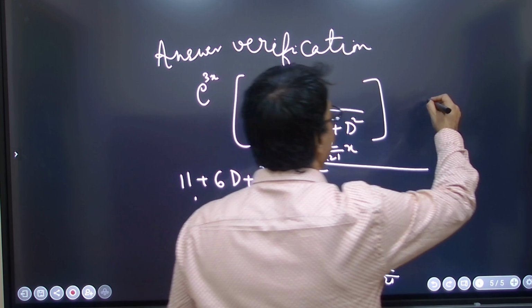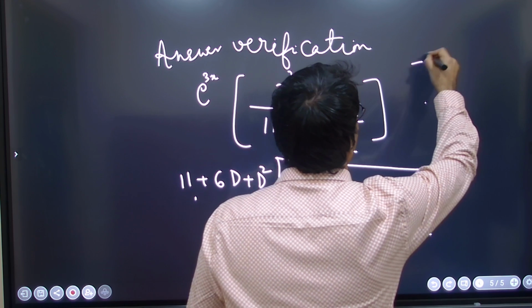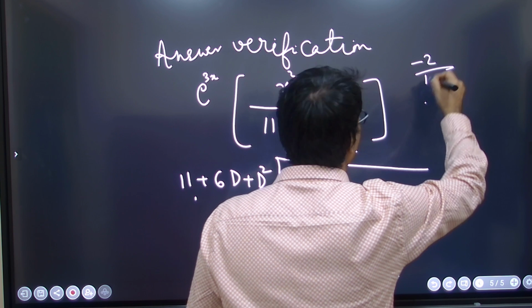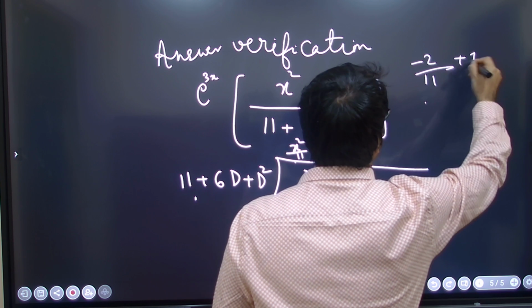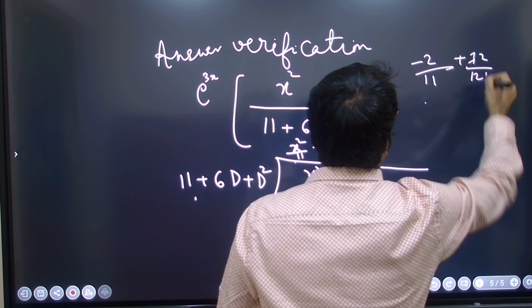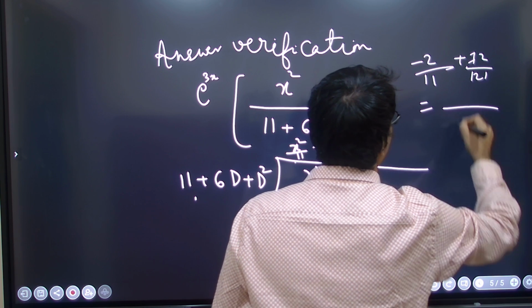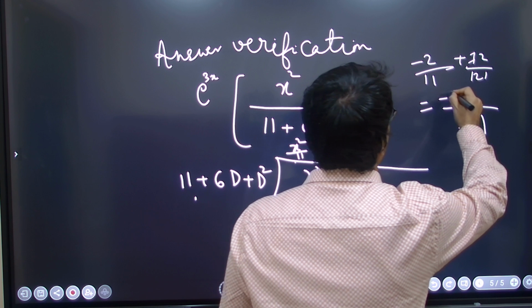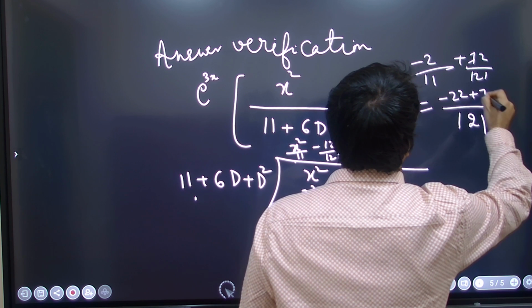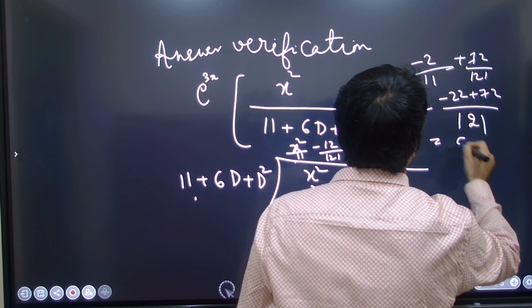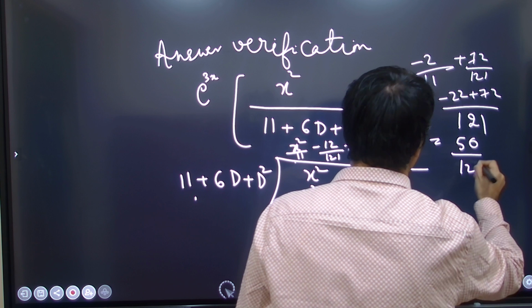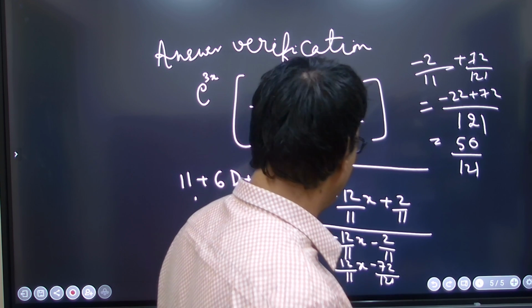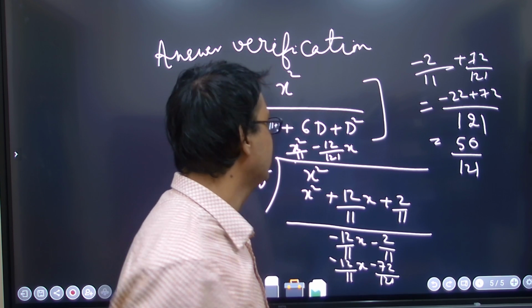So what we get here is minus 2 upon 11 plus 72 by 121. This will render us 121, and this is 11, that is minus 22 plus 72. So this is nothing but 50 by 121.